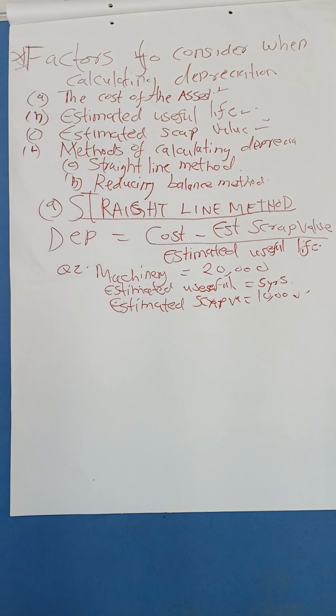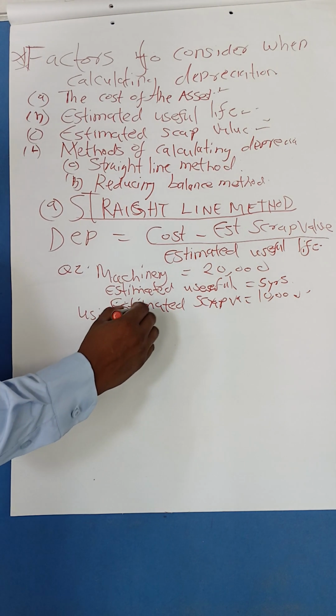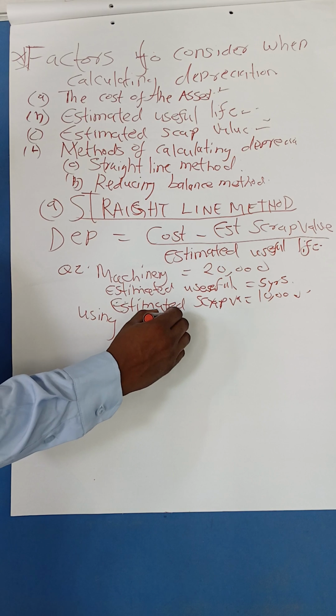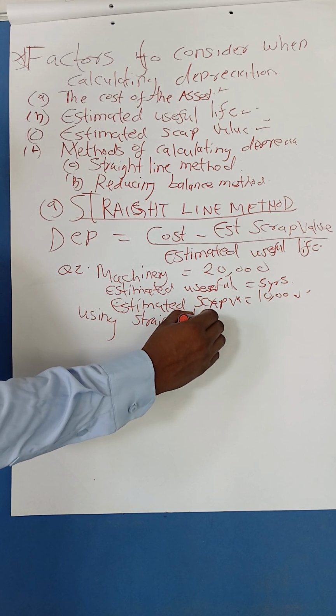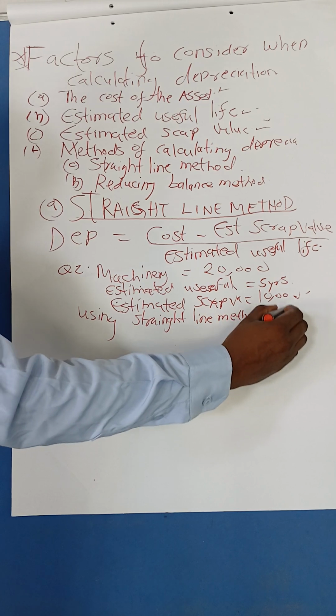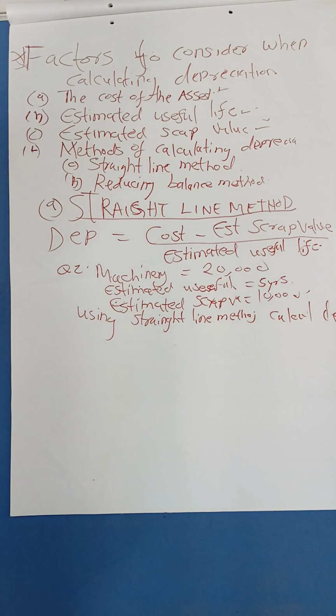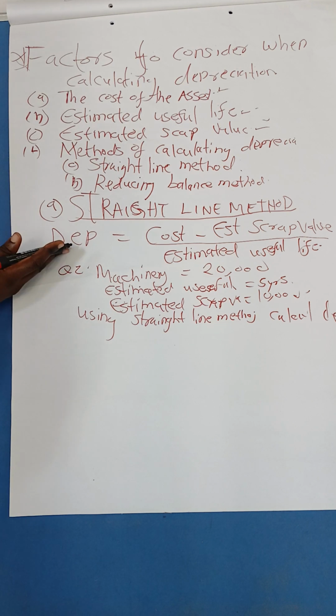Then you are told, using the straight line method, calculate the depreciation of the machine. Now with the formula, it's easy.